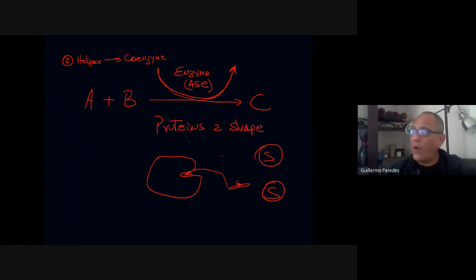Who is the coenzyme? The second person who is coming to help you accelerate the chemical reaction is going to be the vitamins. So what are vitamins? Vitamins are coenzymes. Why is it a coenzyme? Because a coenzyme cooperates with the enzyme. Who are those? The vitamins. You okay with that?